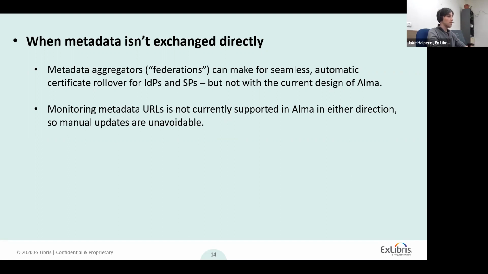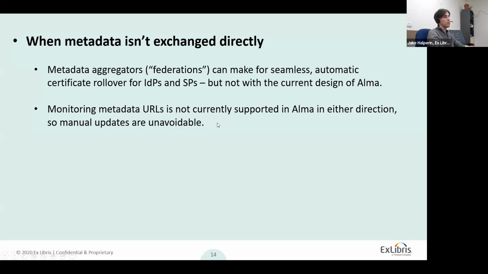For one thing, when I say monitoring metadata URLs is not supported in either direction, what I mean is when the IDP metadata updates, the IDP switches to a new certificate, the IDP might make that information available in a metadata URL, but for the moment, there's no feature in Alma that will monitor that URL. So there's no getting away from the fact that you'll need to update the new IDP metadata in the SAML profile in Alma.